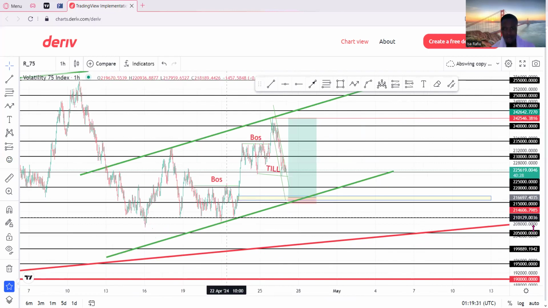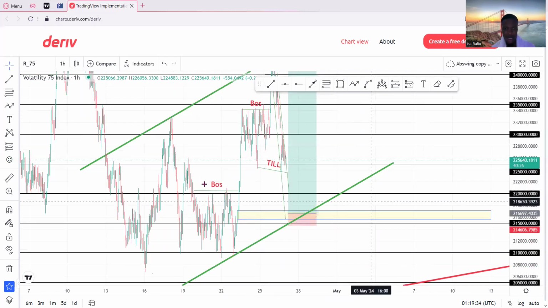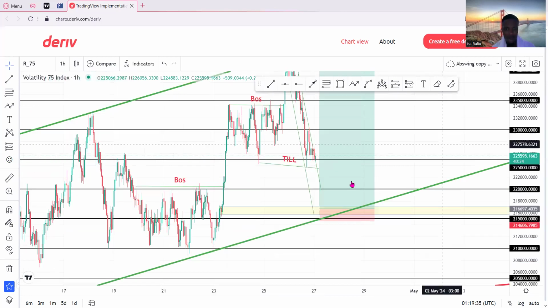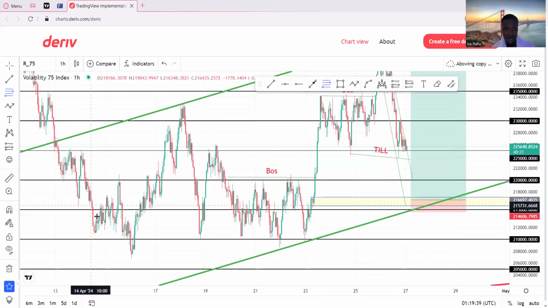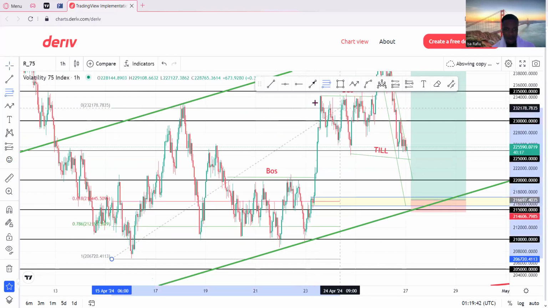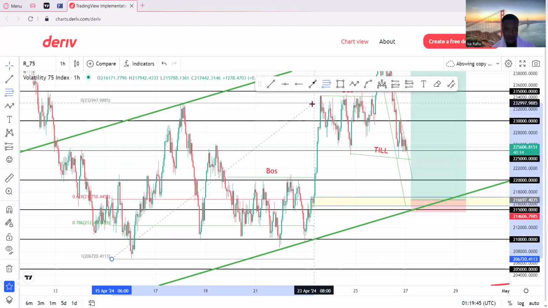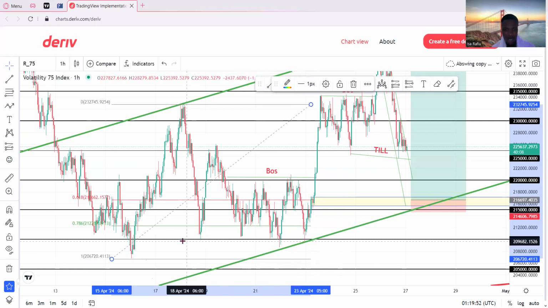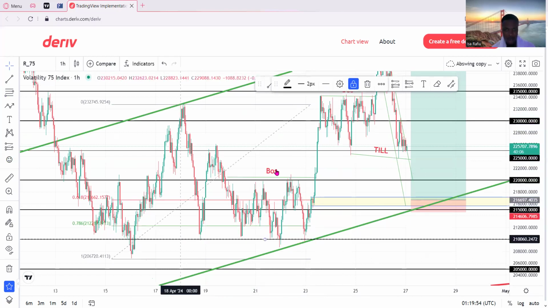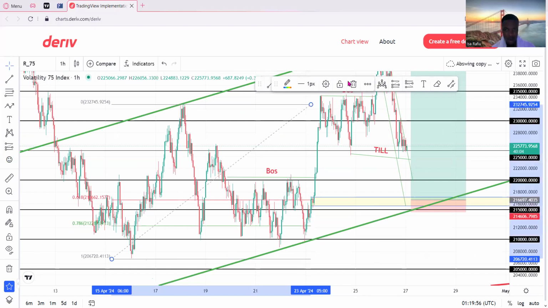How can we identify this very well? Now observe. With the help of Fibonacci, let's take it up to this. You discover that the market traced below, even extremely below to this, but there is a strong support zone there.